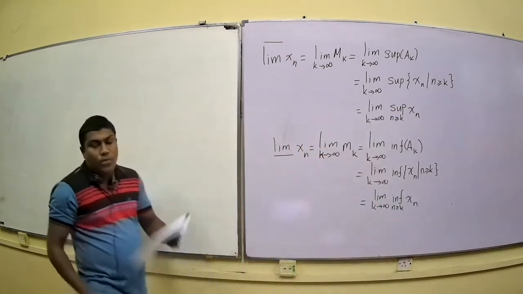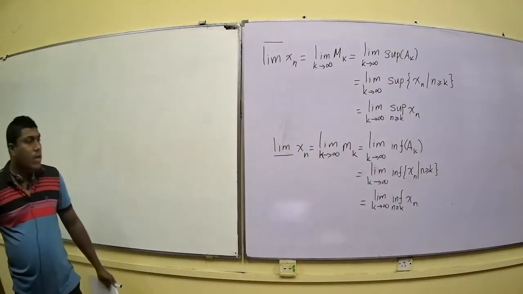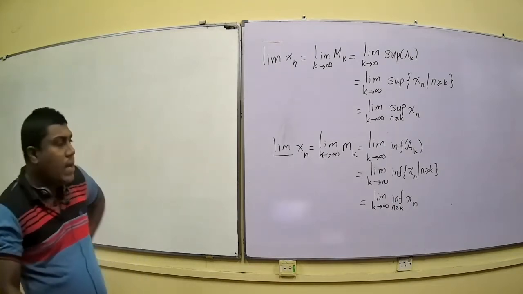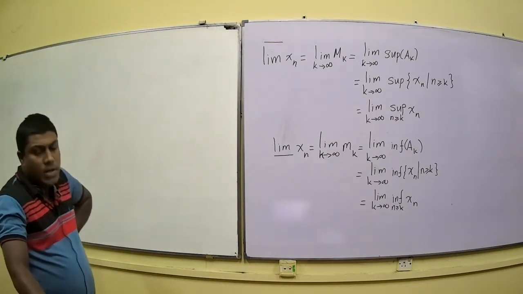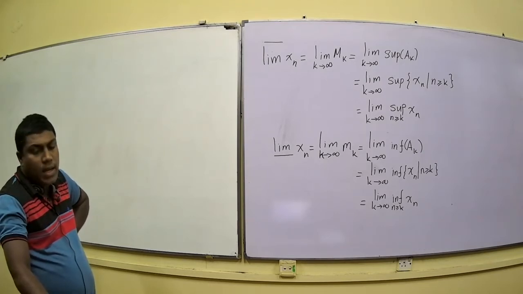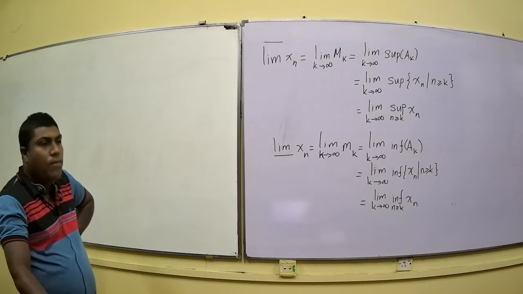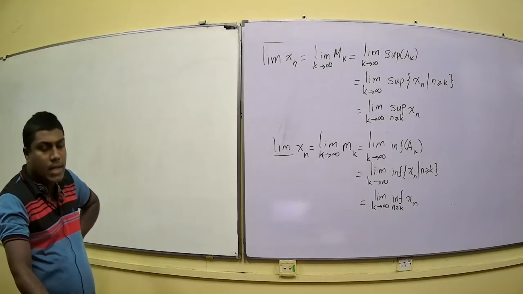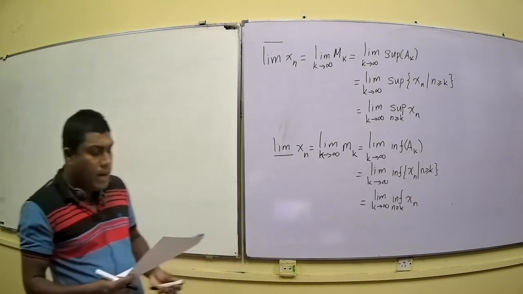So lim inf is basically the limit of the infimum of xn for all n bigger than a certain k, and then you take the limit of that as k goes to infinity. That will give you the lim inf. So this is what we defined at the end of the last class.